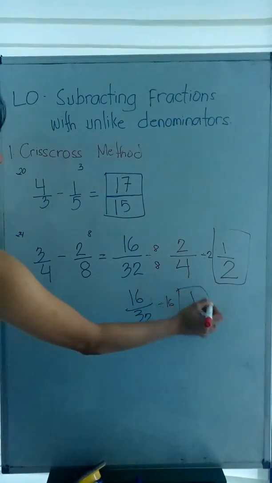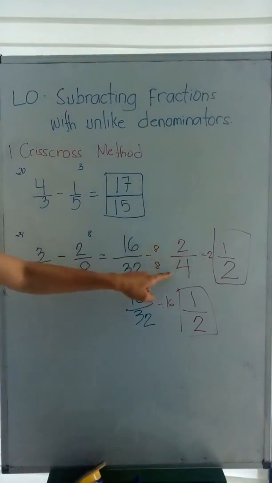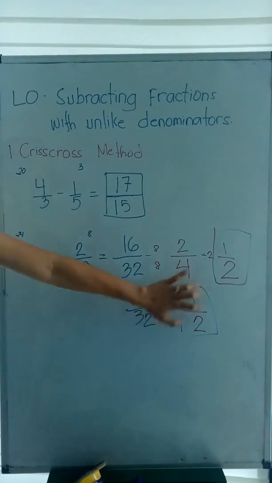So this already is your final answer. You don't have to go through 2/4 and divide it with 2 to get 1/2. That is why it is important for you to know the proper number to divide your fraction by in order to get the simplified form. Okay?